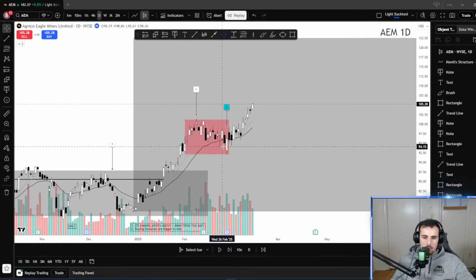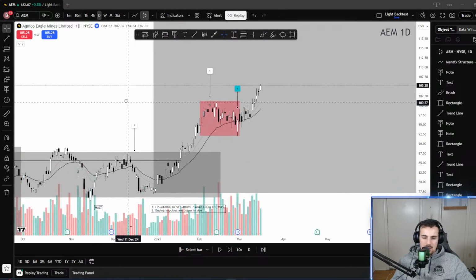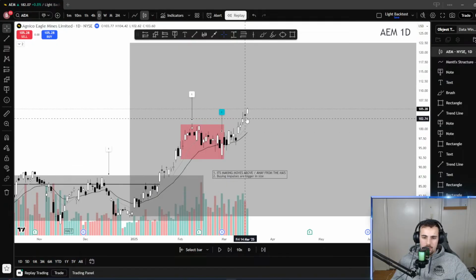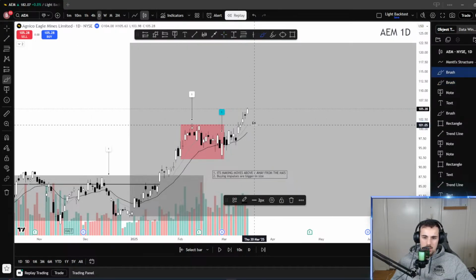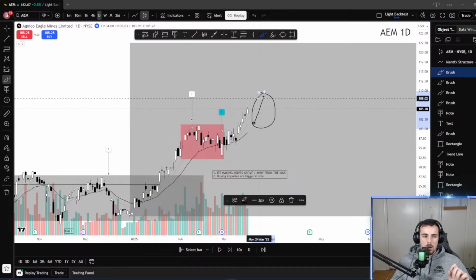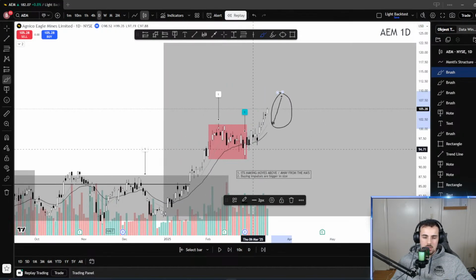So let's wait for a pullback on the daily because the daily is now in a potentially trending environment. We just want to wait for a small selling pressure to get this higher low in this area here to make that higher high. And in this whole area, we'll be on a lower time frame doing the exact same thing we have done on the daily to the weekly, we will do on the 1 hour to the daily.